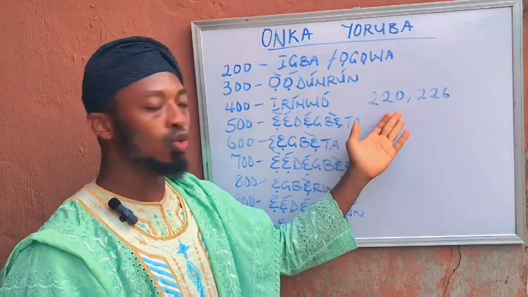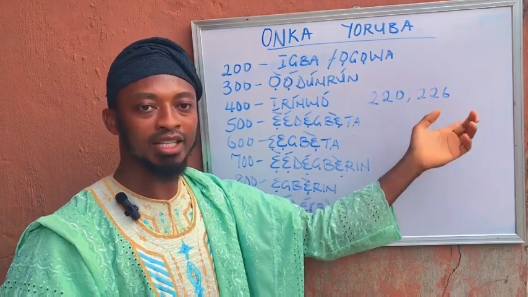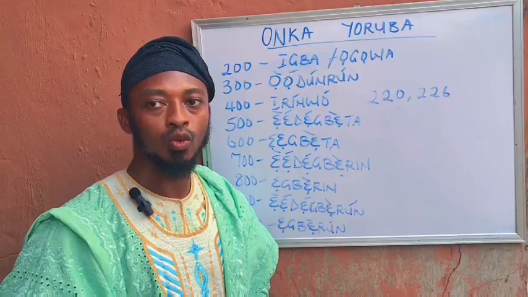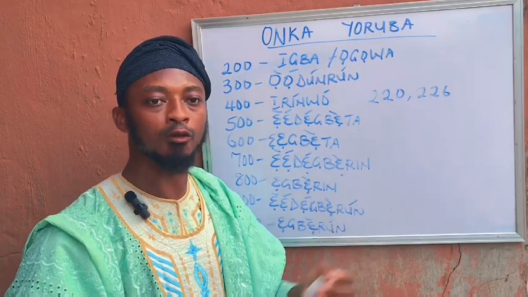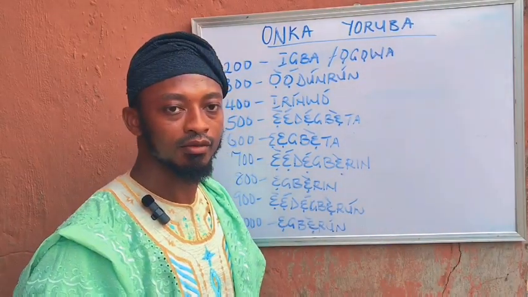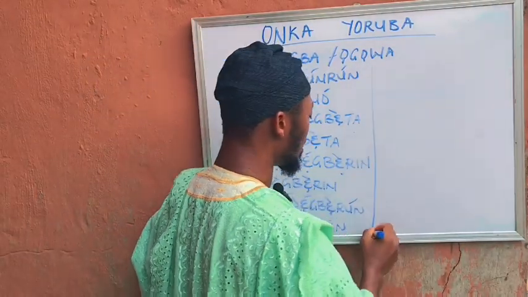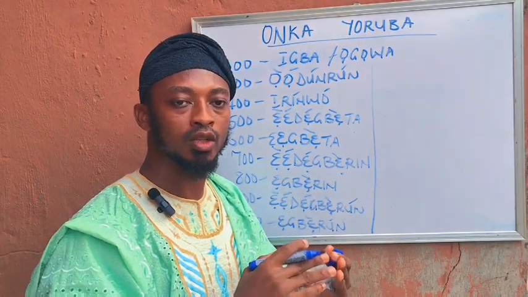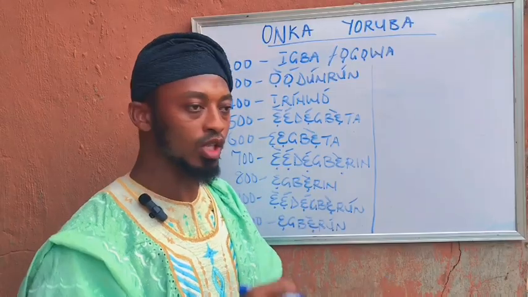Now, for us to know how to say numbers in between these whole numbers, the next thing we have to understand is each number carrying additions of 20s on it. What we are going to do is this. We are going to take a look at all the numbers between 200 and 300 in 20s. Bear with me.